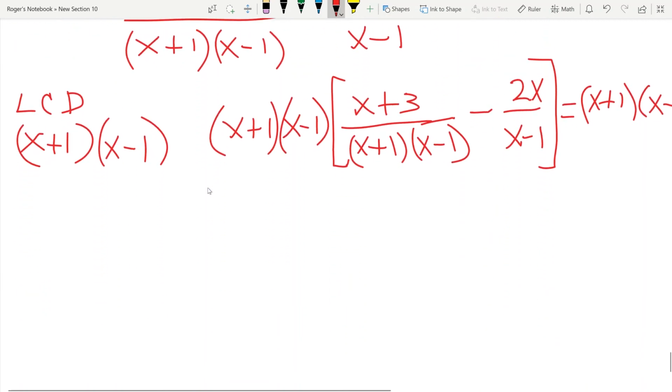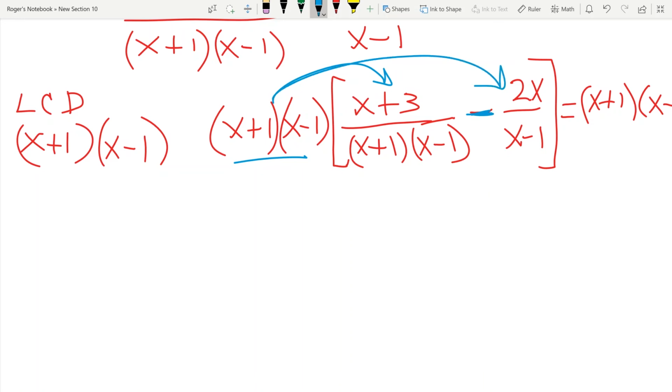All right, so on the left, when I multiply this guy, x plus 1 times x minus 1, times the first term, I use the distributive property. It's this guy times this minus this guy times this, okay?